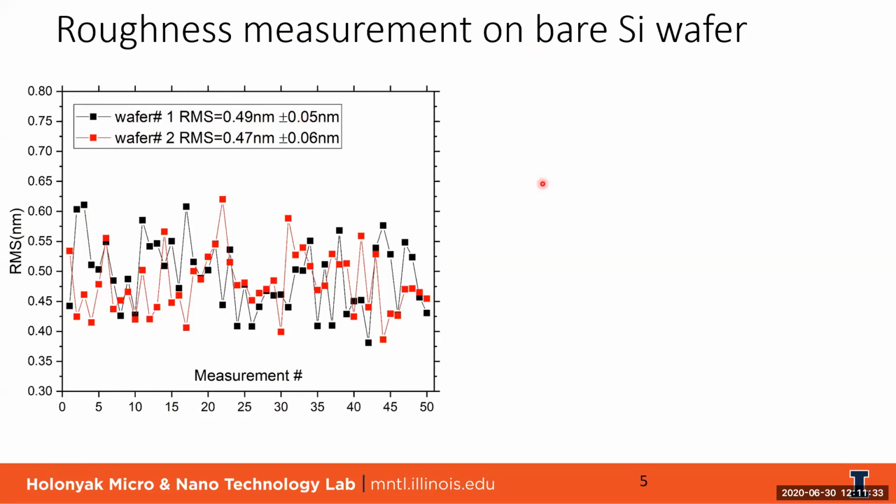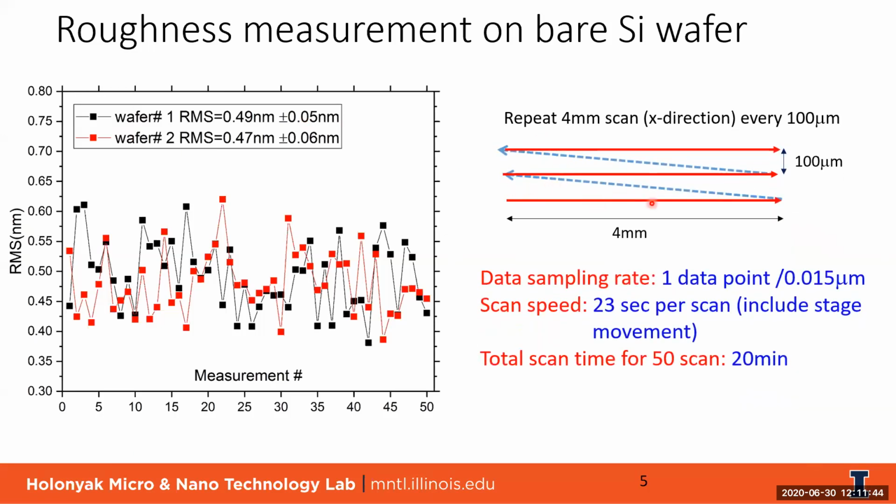In fact, the way that we repeat the scan is not to scan exactly the same position. What I did is scan 4 millimeter, then move up 100 micron, because the stage is fully automated, fully motorized, and scan again.